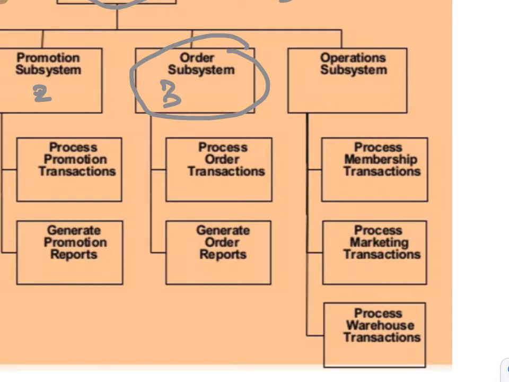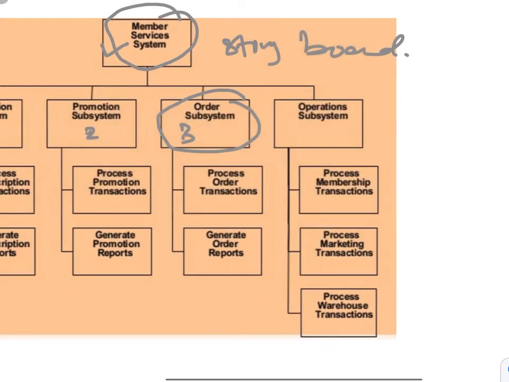Kita tak nyatakan pada DFD. But in the FDD, we provide the information: process order transaction, generate order report. Maksudnya, in the order process tadi, what are the sub processes of the order process. So kita kena ceritalah kat sini.